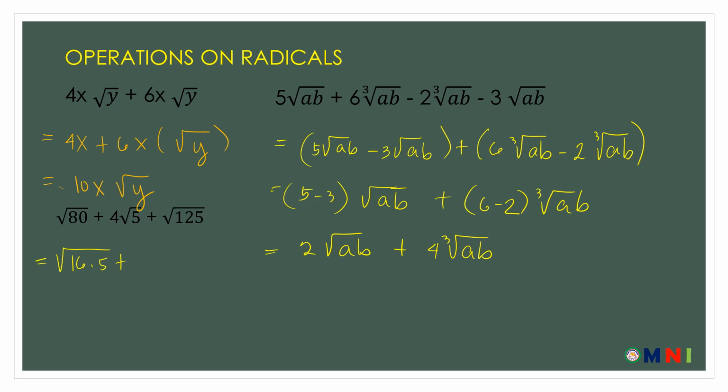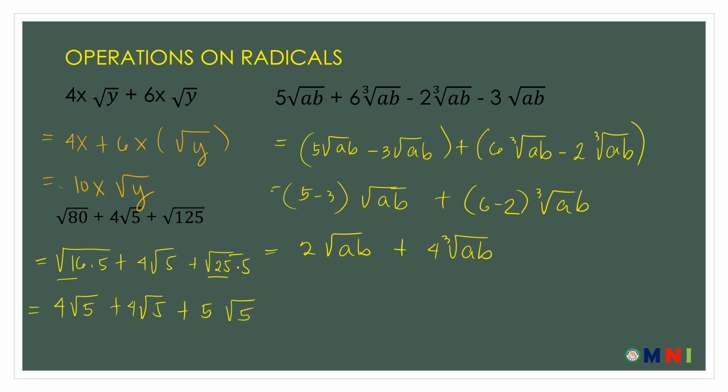And then this one as is for square root of 5, and then this one we have square root of 25 times 5. 16 times 5 is 80, and 25 times 5 is 125. And if you notice, we will have here the square root of 16, that is 4, and then stay the square root of 5. And then this one, square root of 25 is 5, and then as is inside the radical.